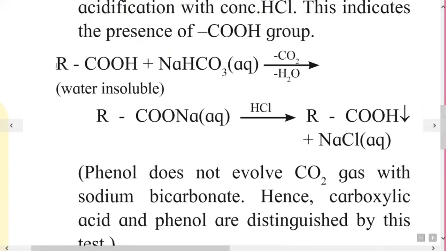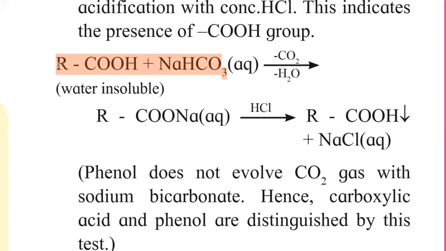The equation is: RCOOH is the general formula for carboxylic acid. When treated with aqueous sodium bicarbonate, NaHCO3, CO2 is given out as a side product. Similarly, H2O is also given out as a side product.